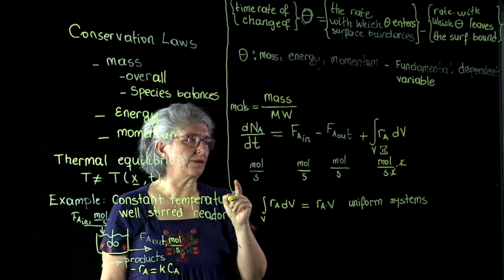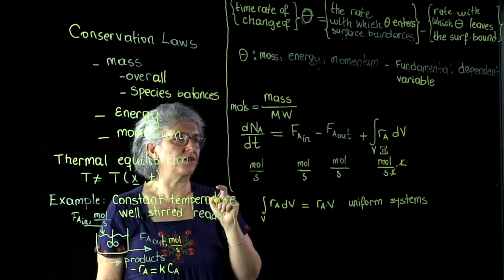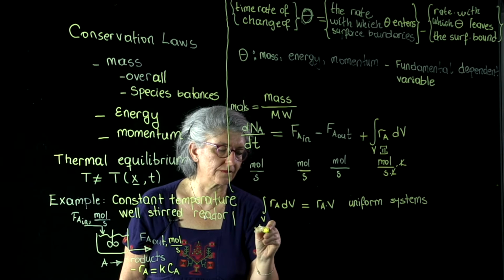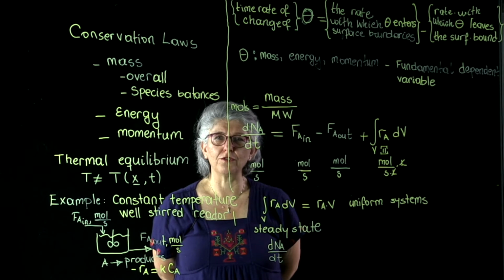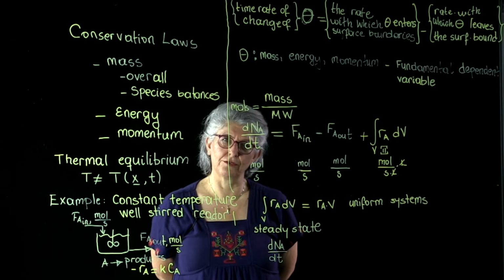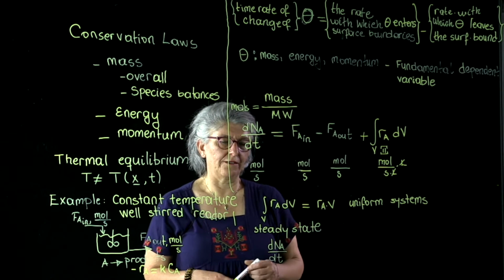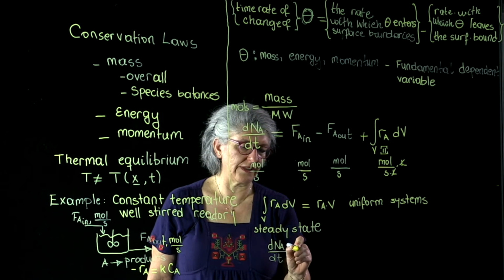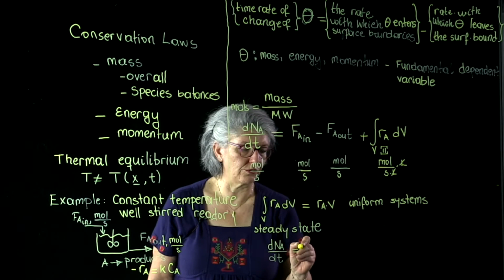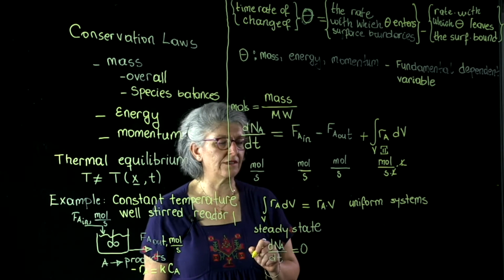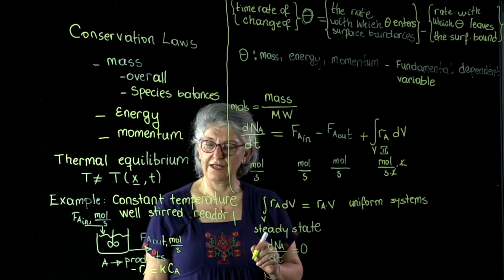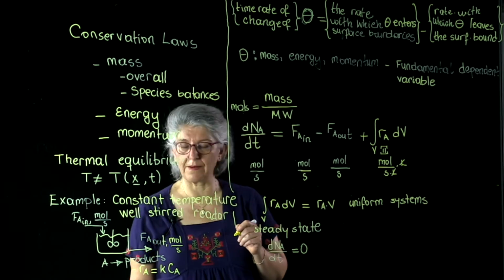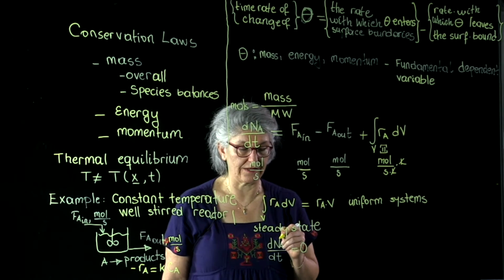I'm going to solve this problem in two different ways. The first solution will be the steady state solution, where we are going to render dN_A over dt to be equal to 0. In other words, there are no time change events in this reactor. And then in the second case, I will solve this problem for an unsteady state condition.